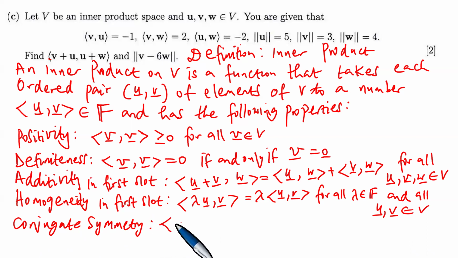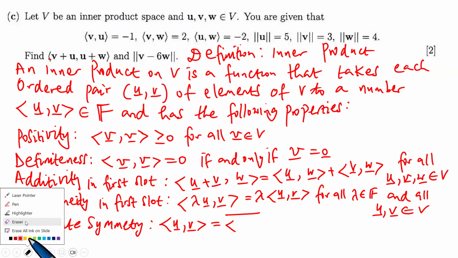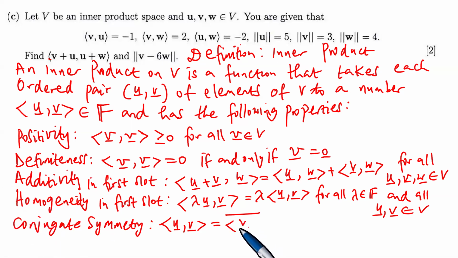Conjugate symmetry means that the inner product of U and V is the same as the inner product of V and U with the complex conjugate. And this is true for all vectors U and V in the vector space.